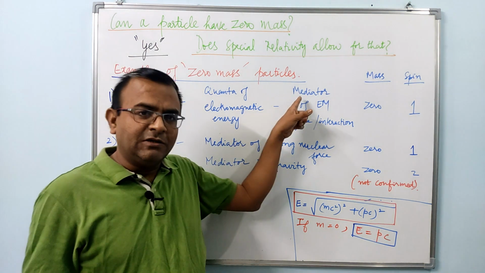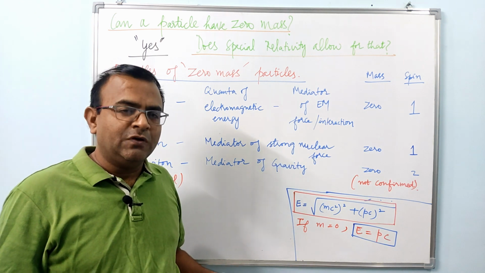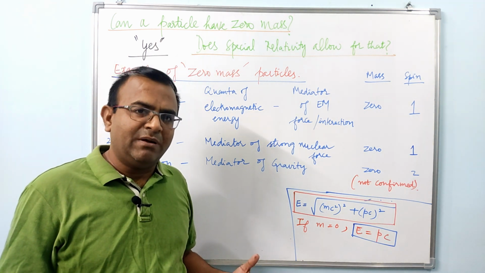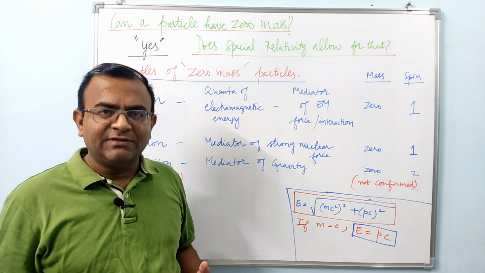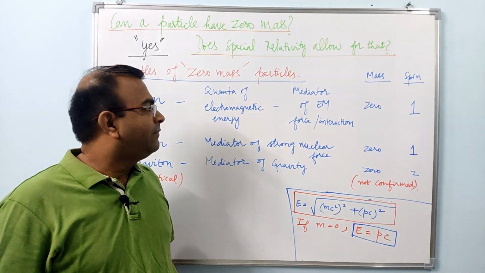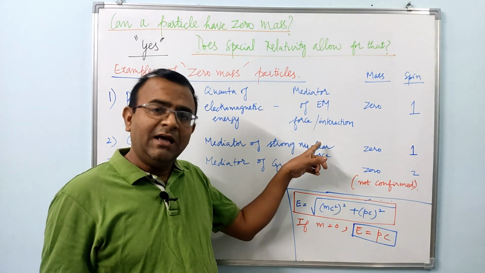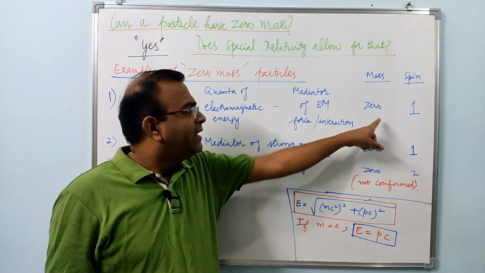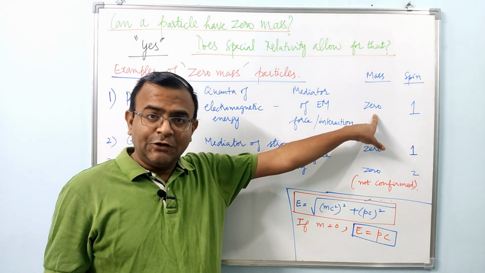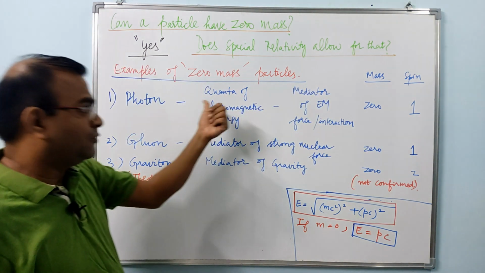And so it is therefore the mediator of the electromagnetic force. So when an electron interacts with, for example, a proton, or a proton interacts with a proton, or an electron interacts with another electron, a photon is exchanged. The mass of photon is 0 and it has a spin 1. So it is a scalar boson.